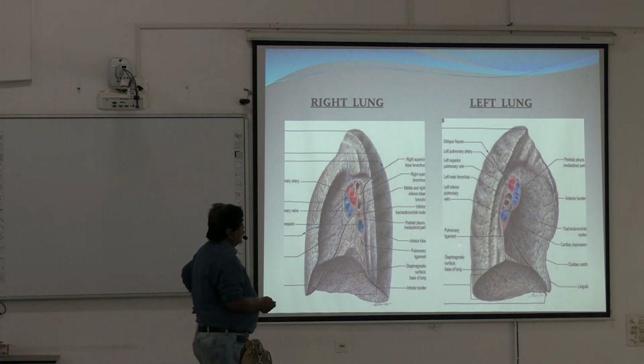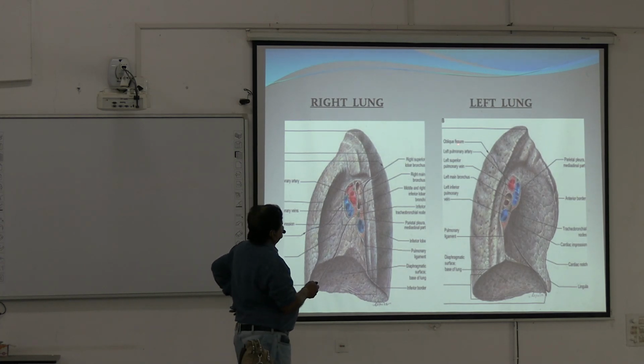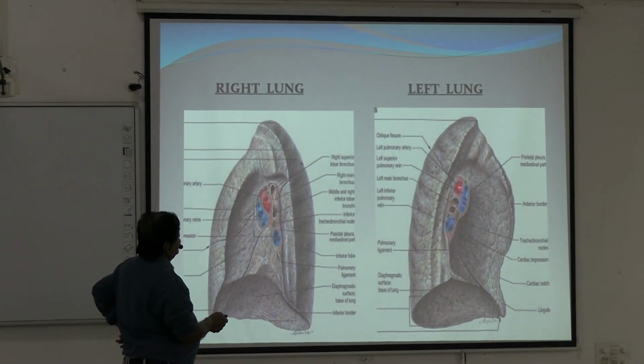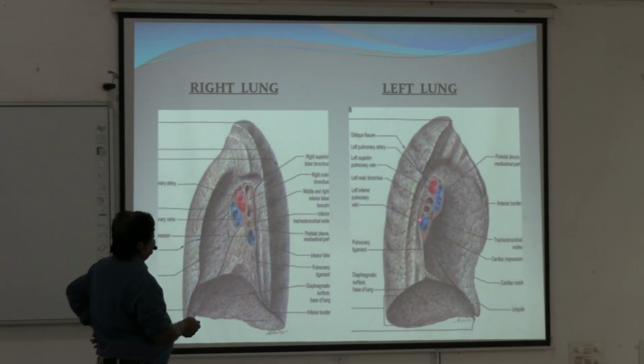And you see this is the left superior pulmonary vein, left bronchus, left inferior pulmonary vein, and the diaphragmatic surface, the base of the lung.